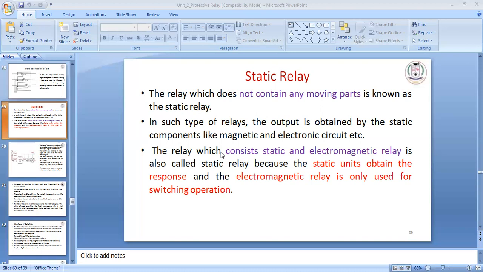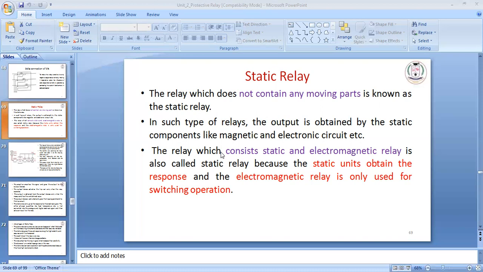Why are we going for the static relay? What is the advantage compared to the electromagnetic relay? The purpose is that there is a saturation issue in the electromagnetic relay, because magnetic saturation will happen. If heavy current flows to the coil, the flux will not vary.